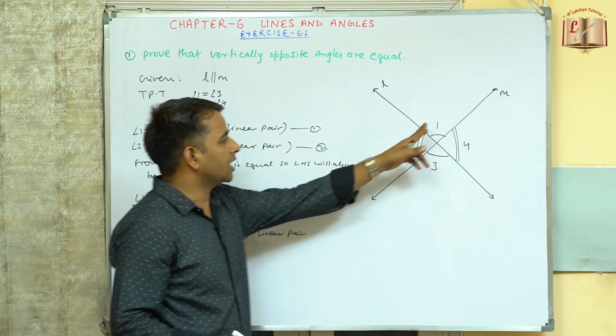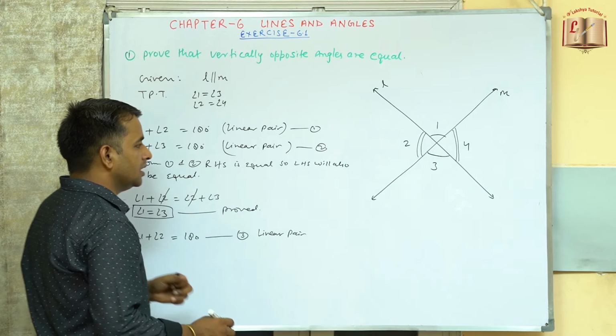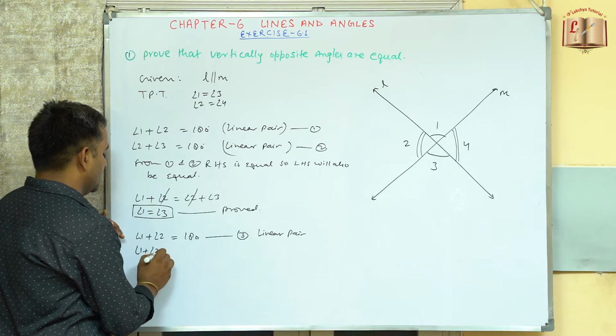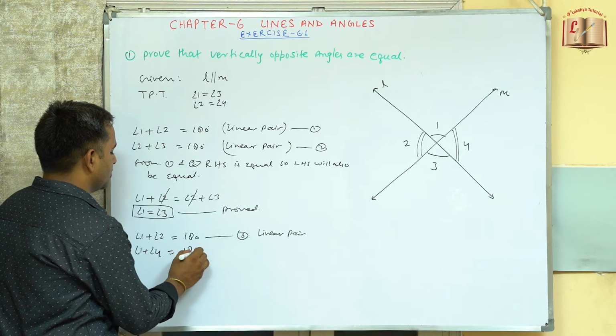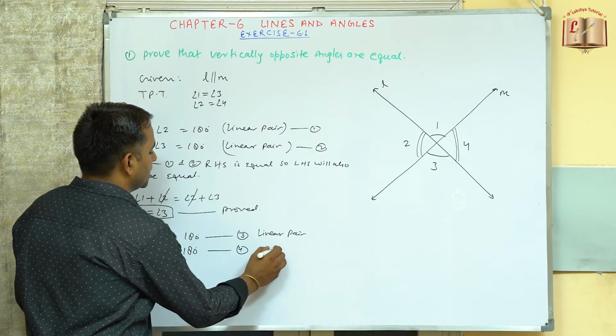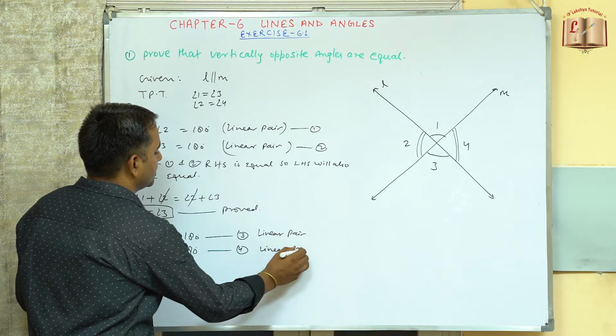Similarly, angle 1 plus angle 4 is also equal to 180 degrees. Again this is equation number 4, reason remaining the same, linear pair.